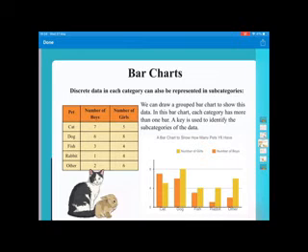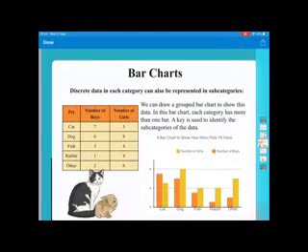With bar charts, you can also have 2 sets of bars, or 3 or 4 even, representing under each category. For example, in this case, boys versus girls, the information with regards to pets, but separating what the boys have answered and what the girls have answered.